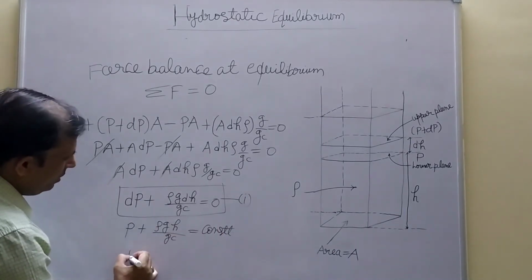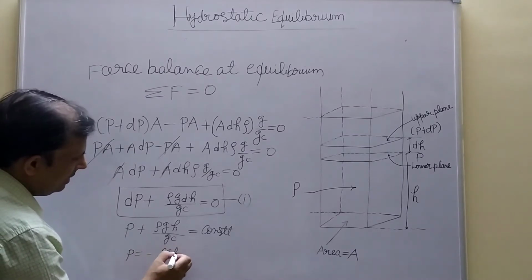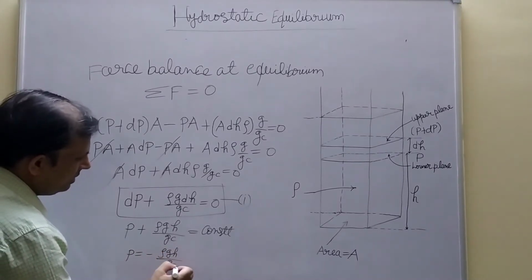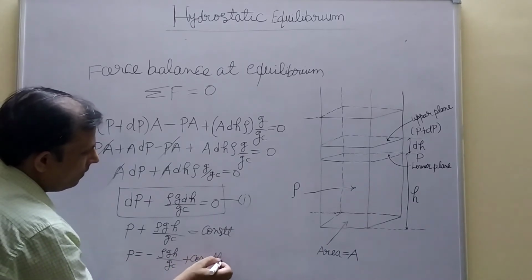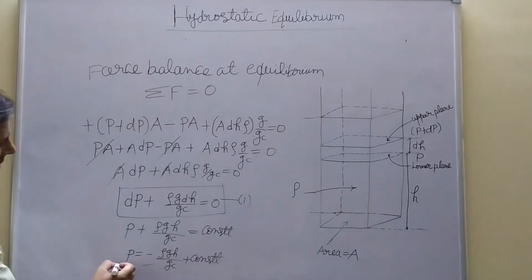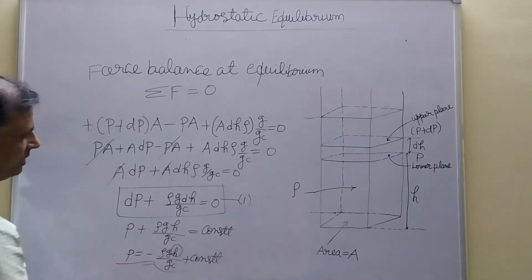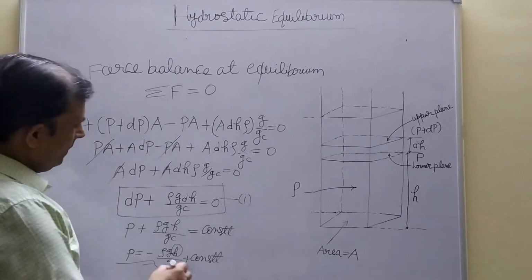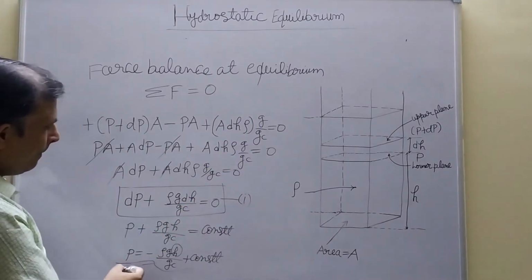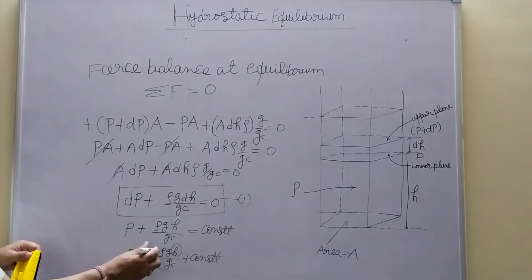So P equals minus rho g h by gc plus constant. From this equation we can see that when h increases then pressure decreases, or when h decreases then pressure increases, due to this minus sign.